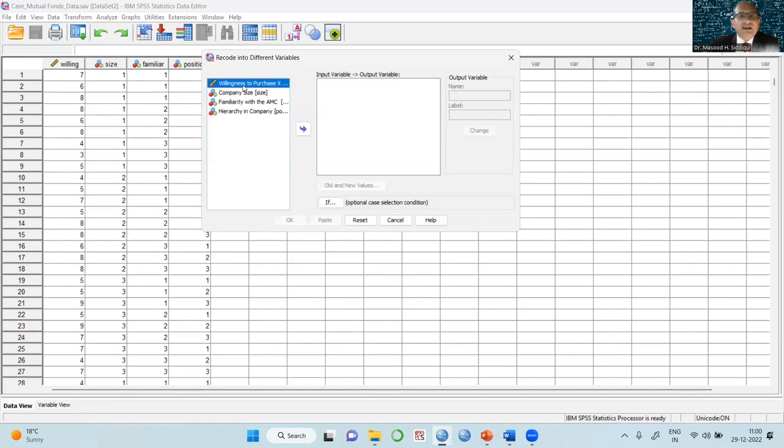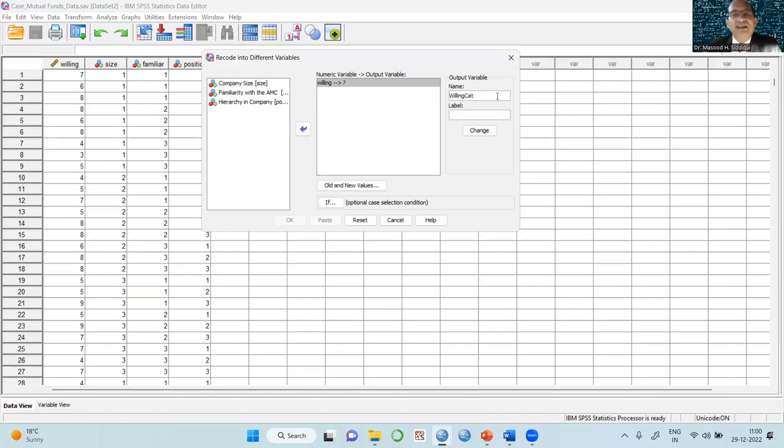So if we click that, this is the dialog box through which we will be performing this. Here on the left pane, we have all the variables, that is the willingness, and we will be selecting this variable, willing category. Now it is asking us for the name of the output variable. Suppose we put the name as willing cat. You can take another name also.